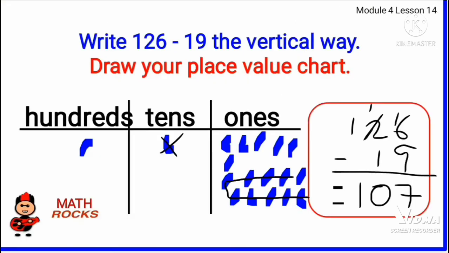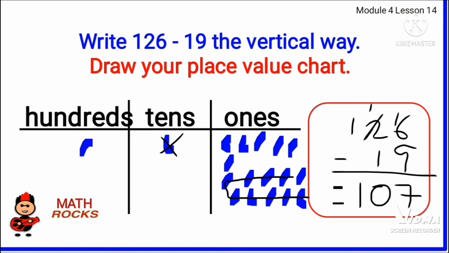Alright, let us solve some word problems. We will use the chip model and vertical method to solve these questions. 126 minus 19. On the right hand side, I've written the vertical form. On the left hand side, you see the chip model.